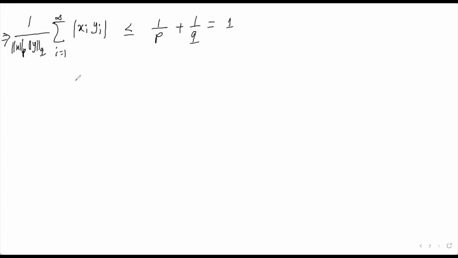So this implies the summation of the absolute value of x_i y_i over i equal to 1 to infinity is less than or equal to the product of the norms. Okay, so this is nothing but Holder's inequality.